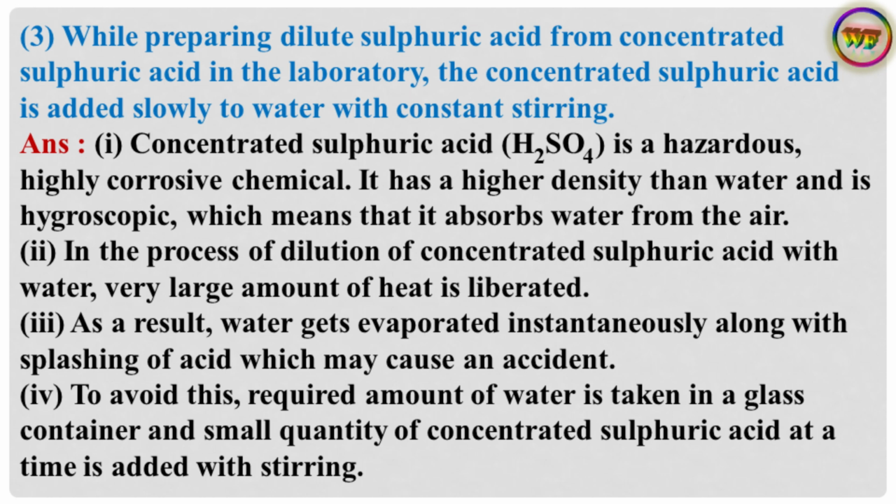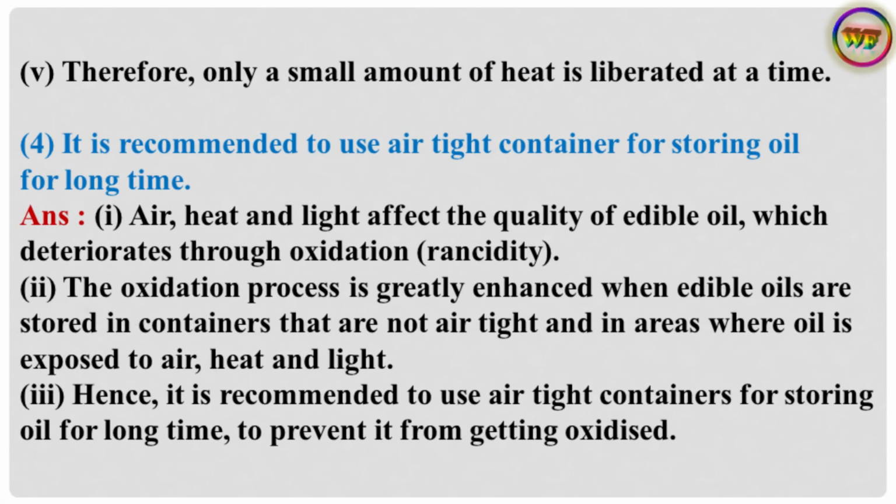To avoid this, the required amount of water is taken in a glass container, and a small quantity of concentrated sulfuric acid at a time is added with stirring. Point 5. Therefore, only a small amount of heat is liberated at a time.